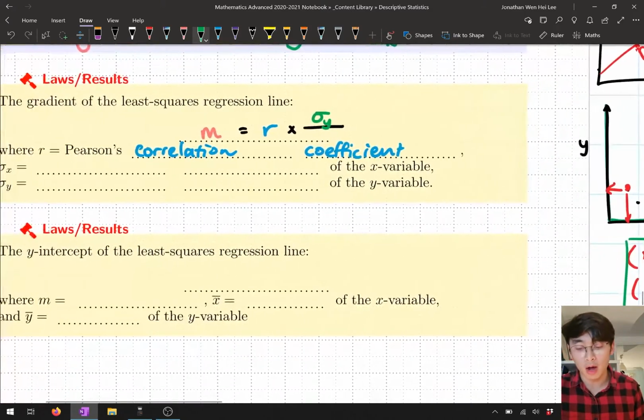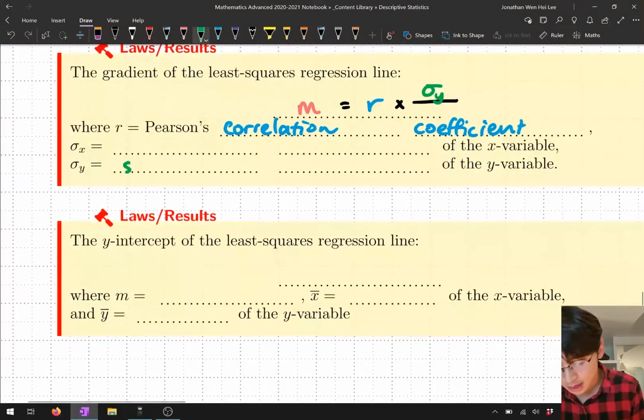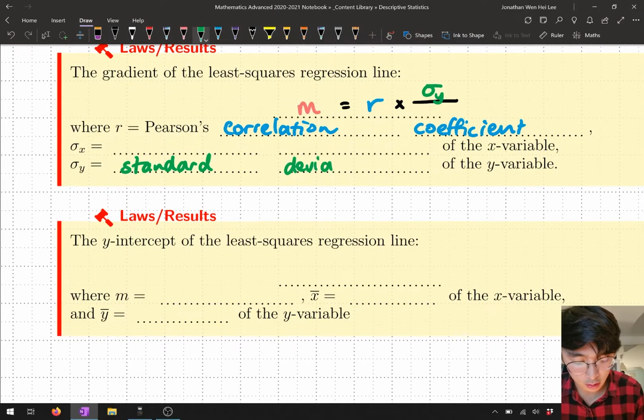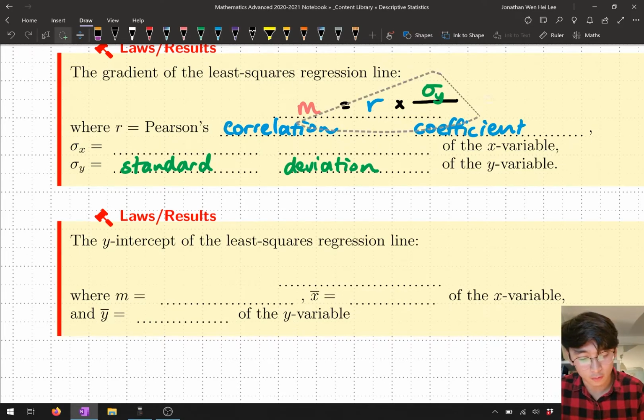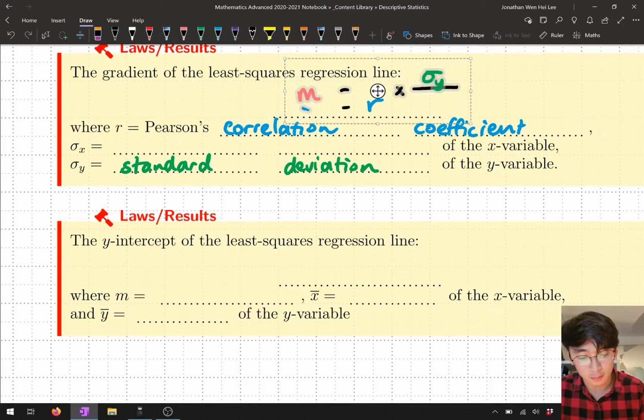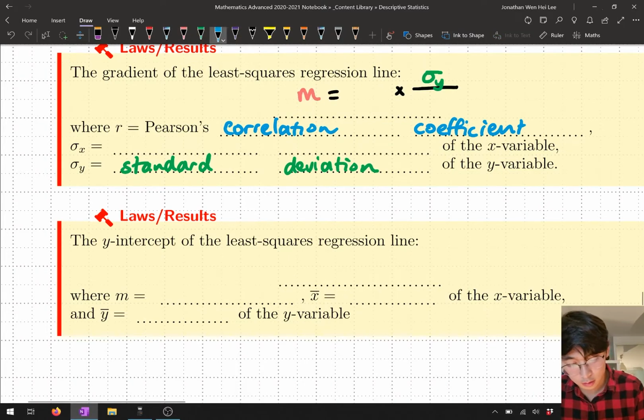And so here sigma y is my standard deviation of y. And at the bottom of this fraction, hopefully you could see it, I'm going to move this up so we can see it a little bit better, and erase that. Let's try this.